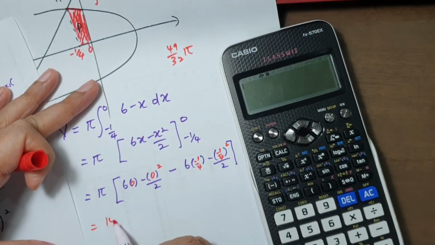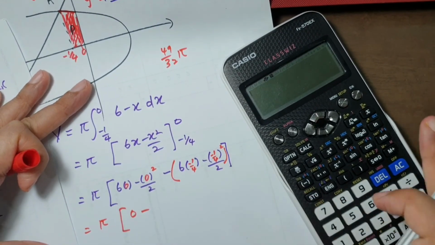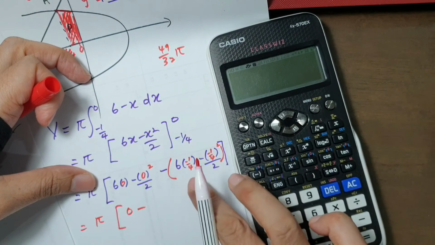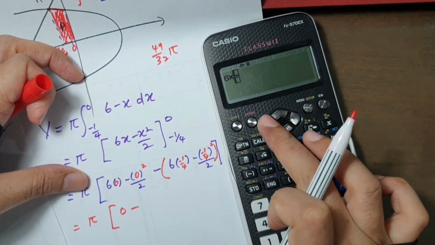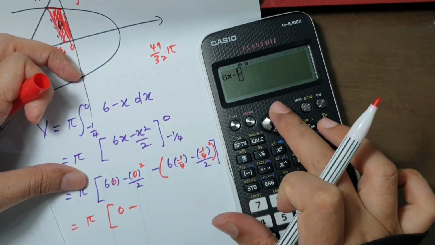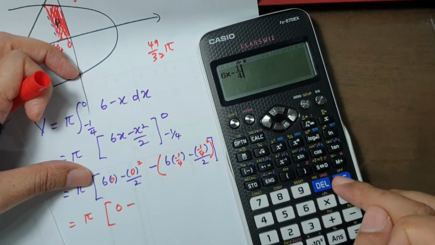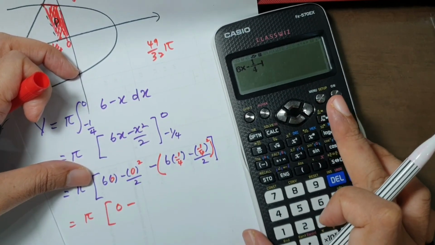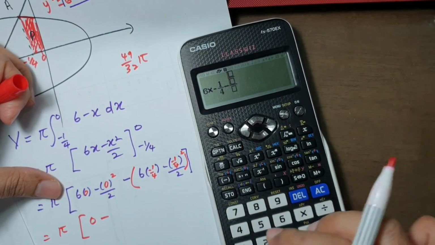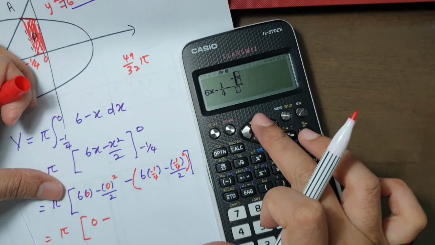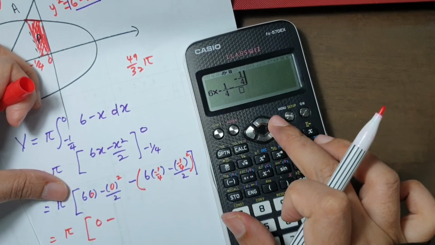Okay, kita masuk calculator dulu. This one pi, 0 minus, okay, and then you kena key in ni. So 6 times negative 1/4, minus dengan fraction dia adalah negatif 1/4 kena square.